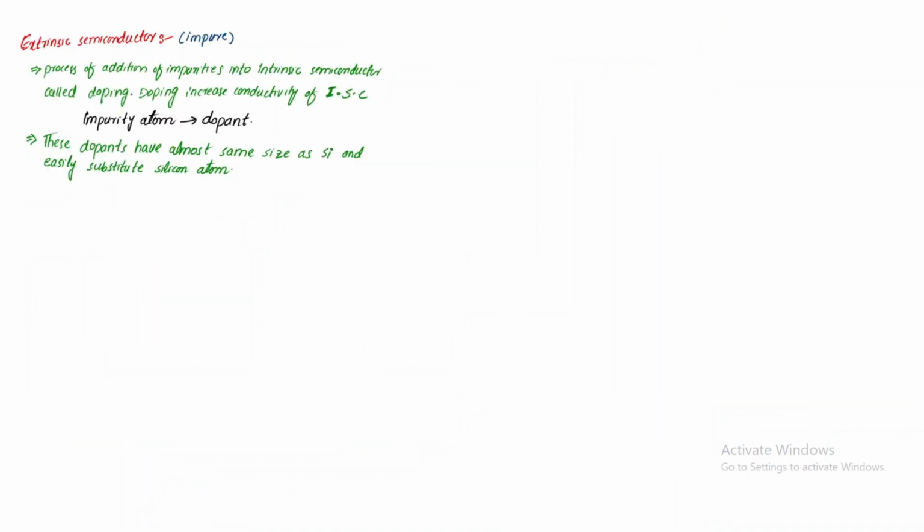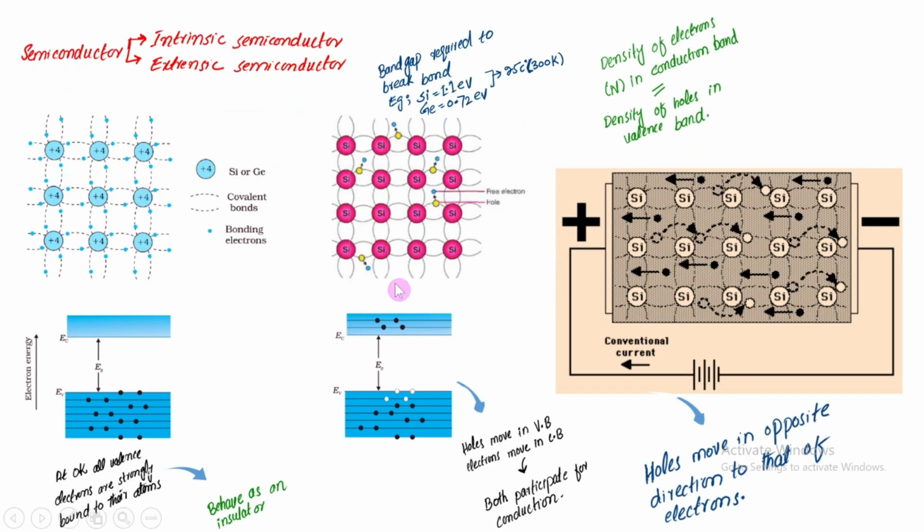Now, what is an extrinsic semiconductor? Here the name represents an impure semiconductor, meaning that just like in the previous crystal we had all silicon atoms, now in an extrinsic semiconductor we will add some impurity from a group 3 or group 5 element into the silicon crystal, so it will not remain pure.